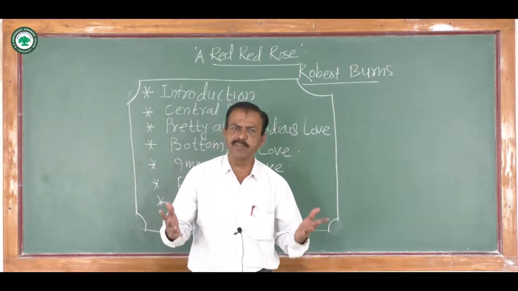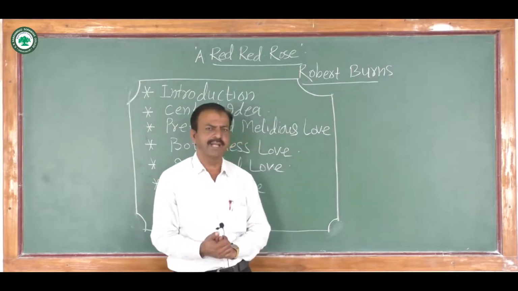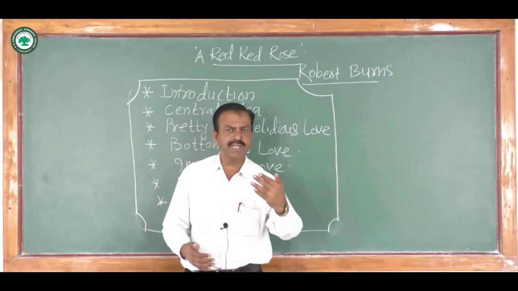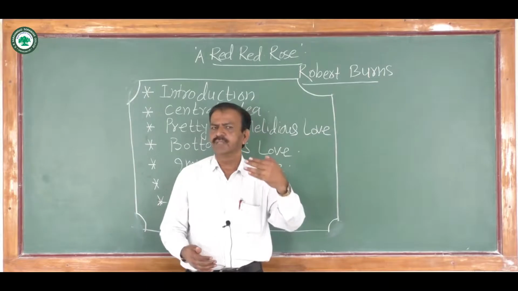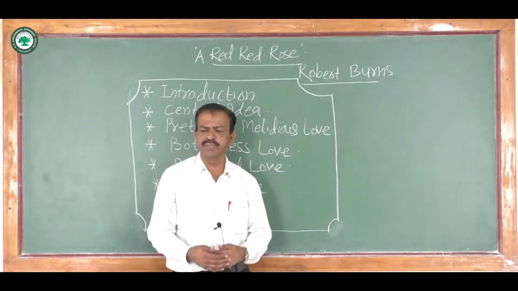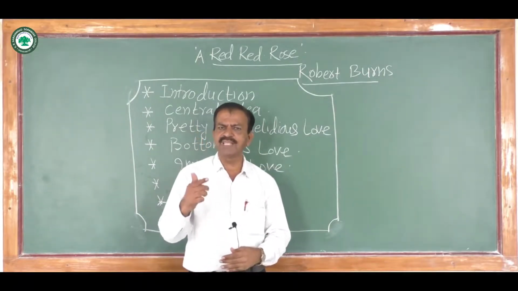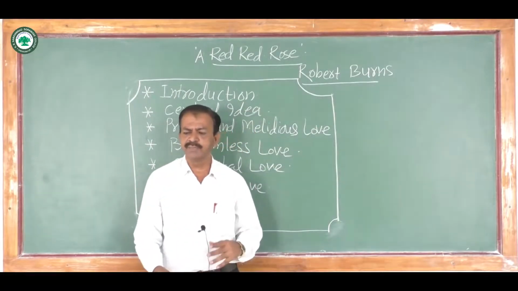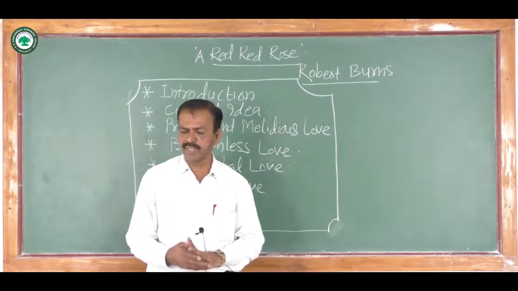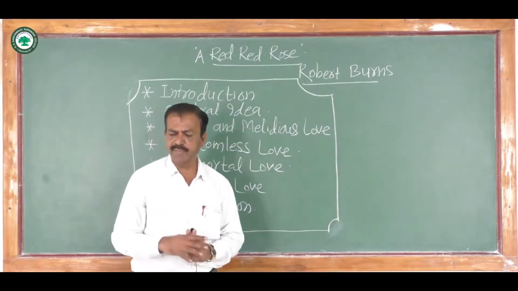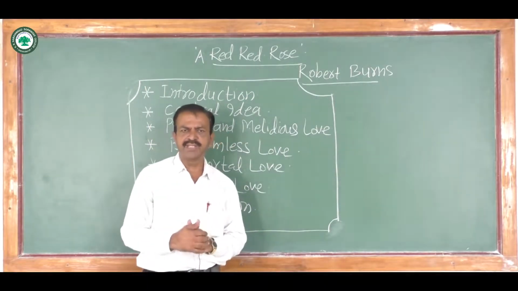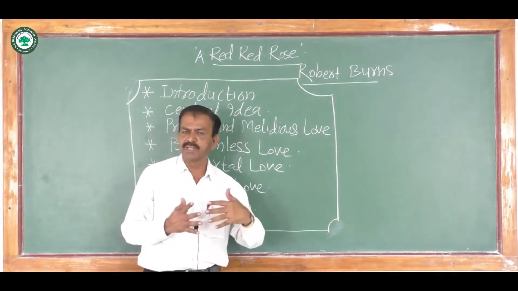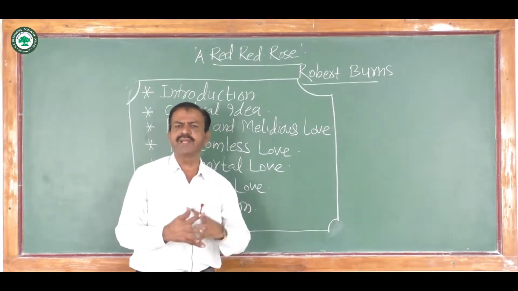That means it is a poem of sixteen lines. When we observe the rhyme scheme of this poem, you will notice A, B, C, B is the rhyme scheme of this poem. Sometimes iambic tetrameter or iambic trimeter is also used, that means sometimes three iambs or four iambs are used.